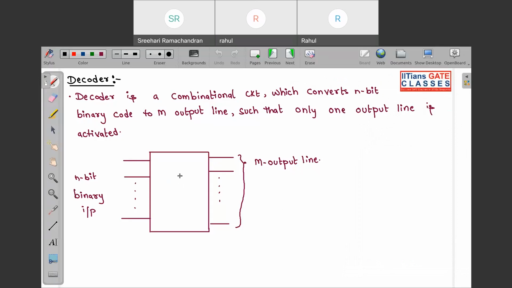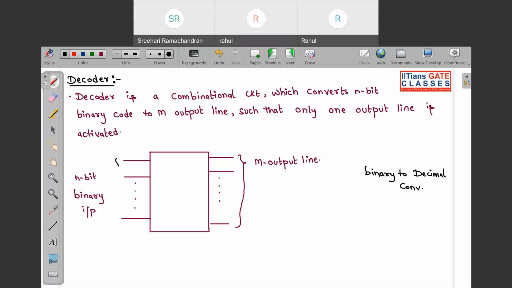A decoder is a circuit which converts an n-bit binary code to M output lines, or simply you can say it is a binary to decimal converter. So we have n-bit input and M output lines.